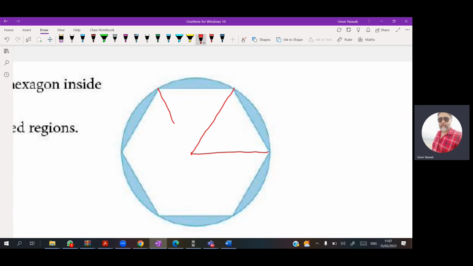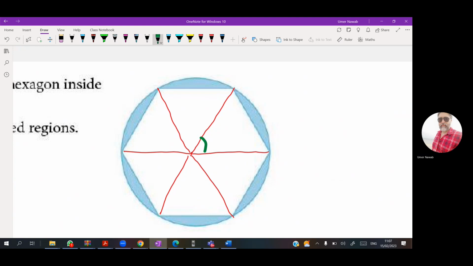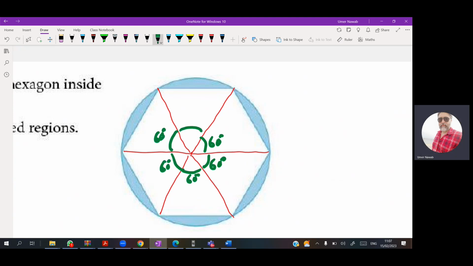Do you agree with me? There are 6 equilateral triangles. Why? Because the total angle is 360, and 360 is divided into 6 equal parts. When I do this, I'm going to get 60 degrees in each triangle. Does it make sense? Yes, it does.